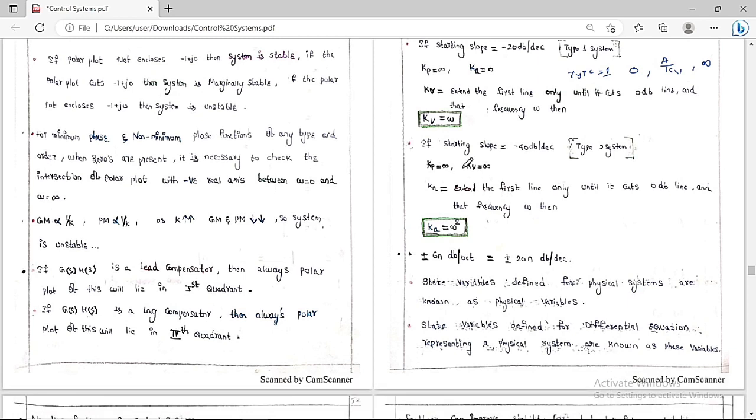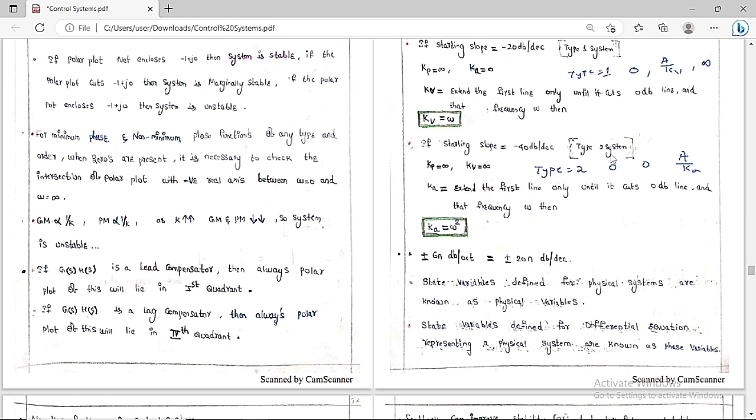Now, suppose the starting slope is equal to minus 40 decibels per decade, it means there are two poles at origin. So therefore we can say it is a type 2 system. For a type 2 system, I have already told you the steady state errors: for the unit step input it is 0, for the ramp input it is 0, and for the parabolic input it is A by Ka.